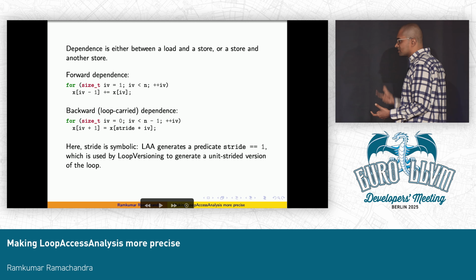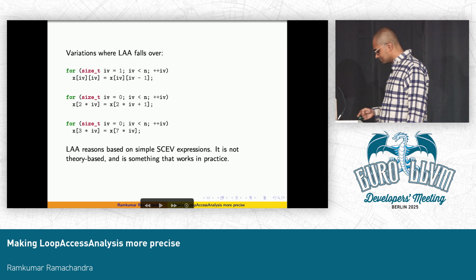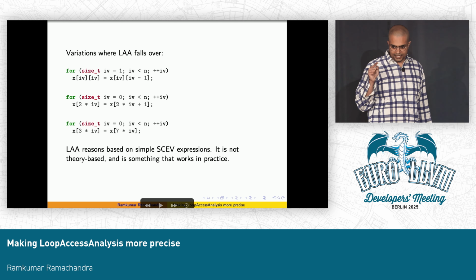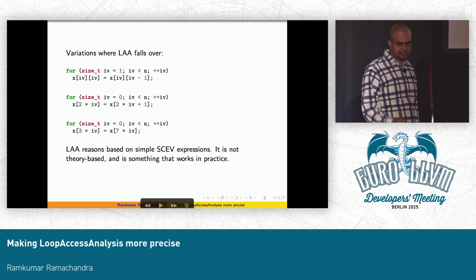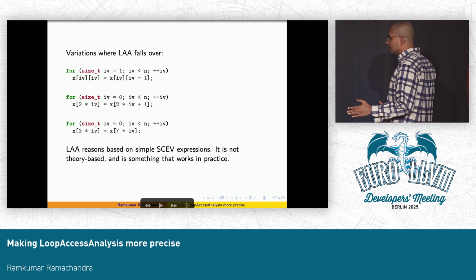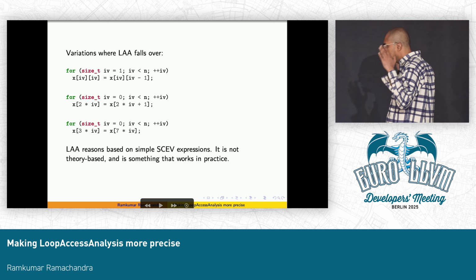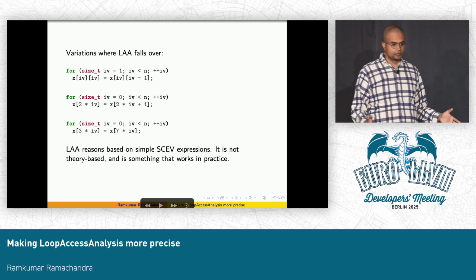So let's look at these variations, okay? These are interesting variations because these are actually not vectorizable. But this is an example to illustrate that LoopAccessAnalysis is not really a full dependence analysis. It's not a freestanding dependence analysis that will tell you all the dependencies in the loop.